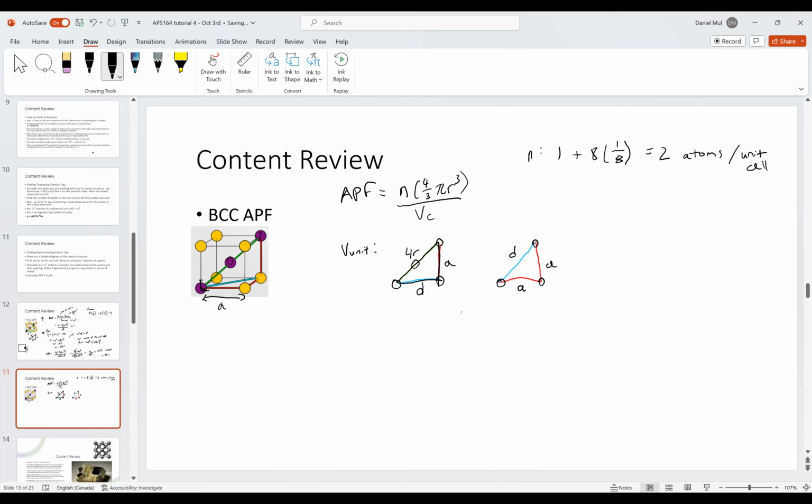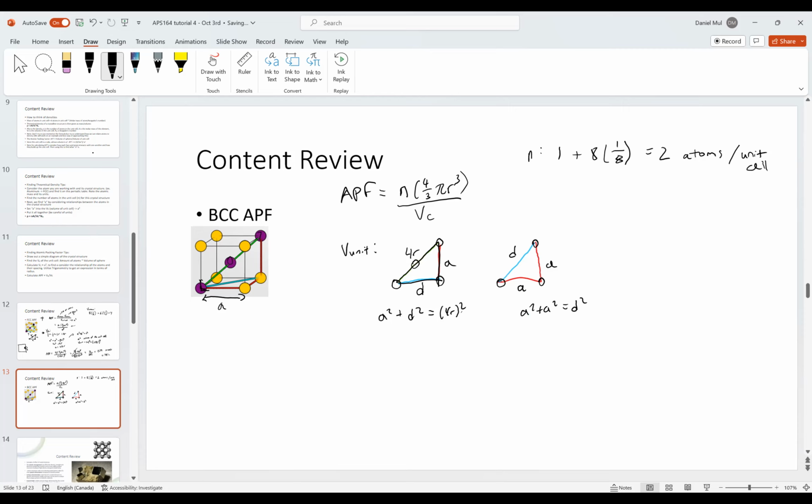And since we have two triangles, we can use Pythagorean theorem. So we get A squared plus D squared equals 4R squared. And then we have A squared plus A squared. Actually, I'll put that here. D squared.